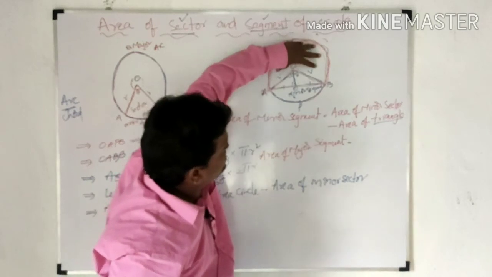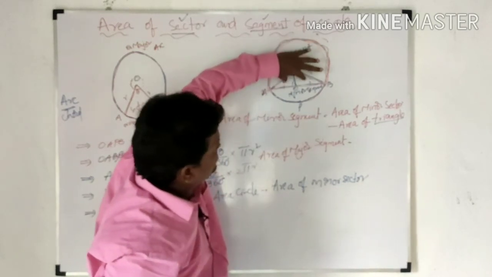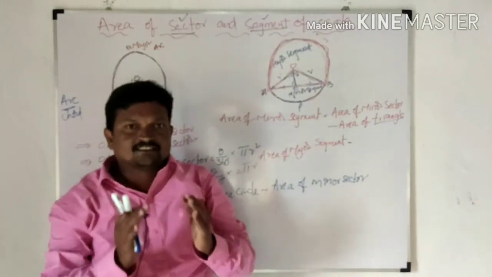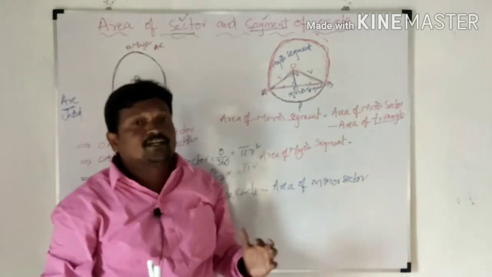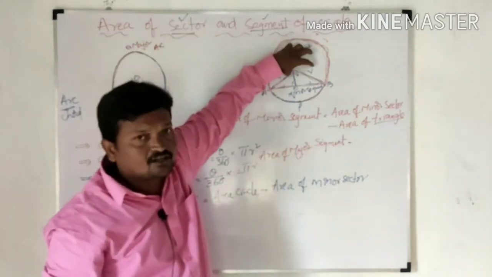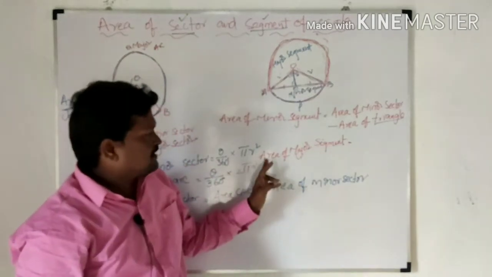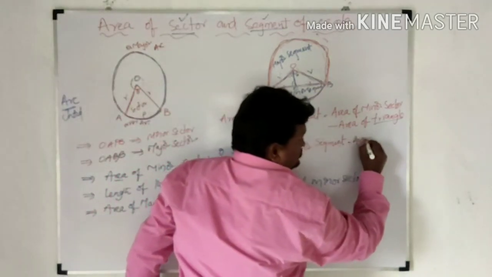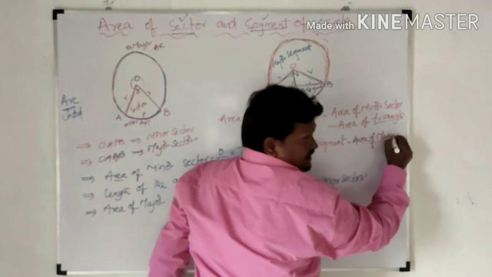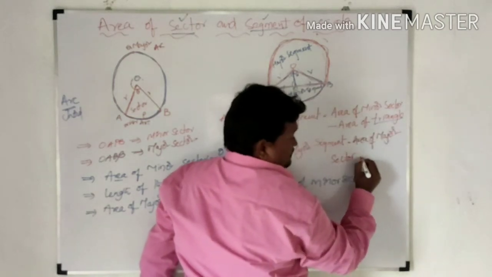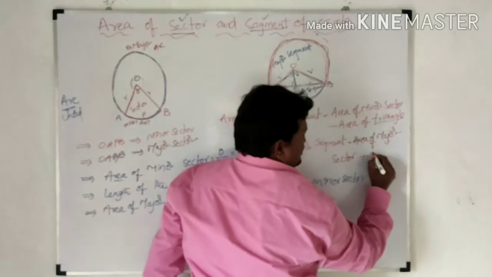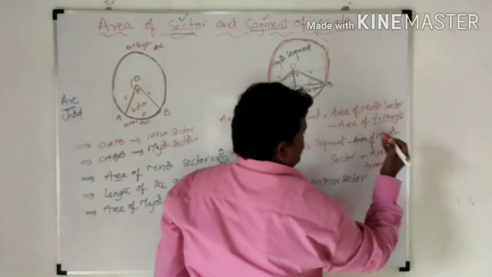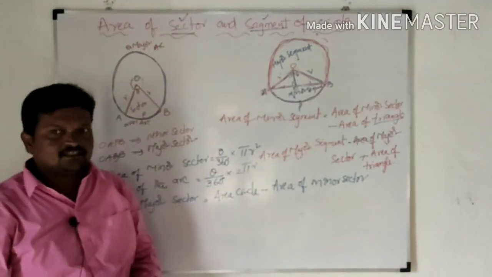If we add the area of the major sector and the area of the triangle, that will be the area of the major segment. So area of major segment is area of major sector plus area of triangle. Is it clear or not?